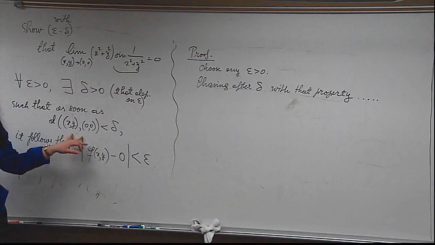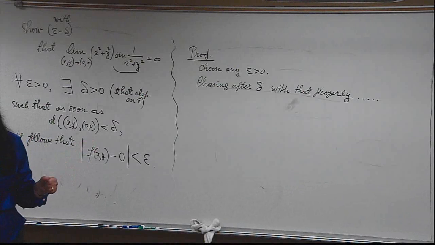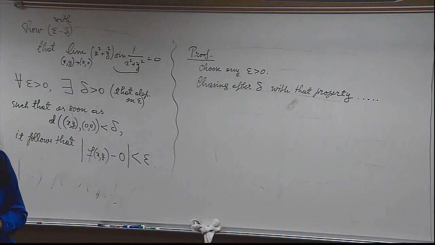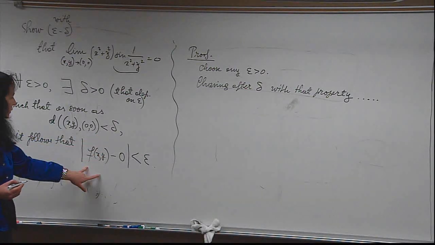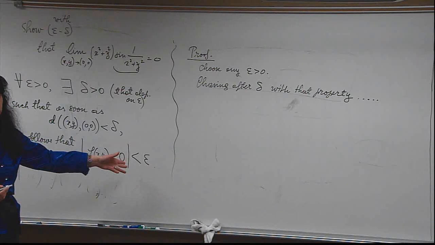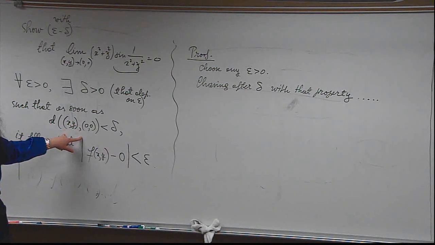What is this distance? You guys have helped me last time. You cannot let me down now. So as soon as this distance, Euclidean distance, is less than delta, you must have that f of (x, y) in absolute value is less than epsilon. Could you tell me what that will be?